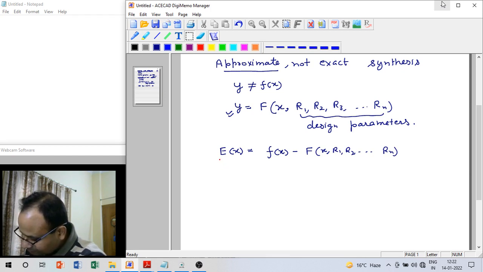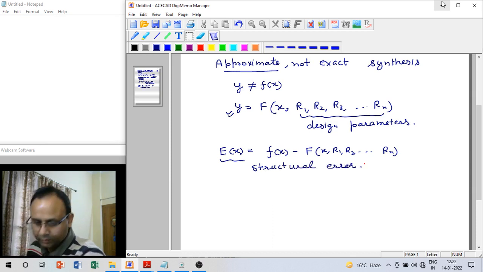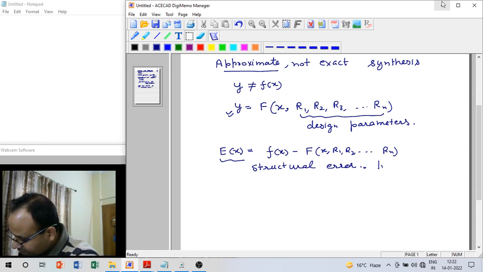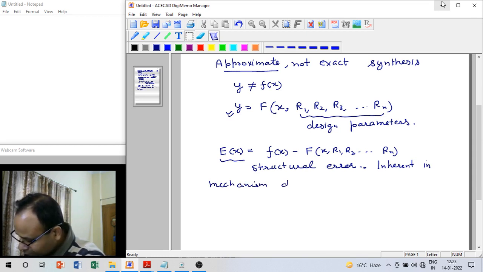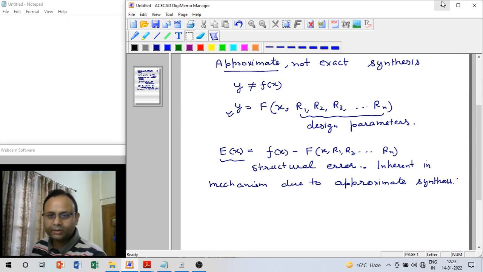This error is called structural error, and this error is actually inherent in the mechanism, due to approximate synthesis. But we are not going to get exact.